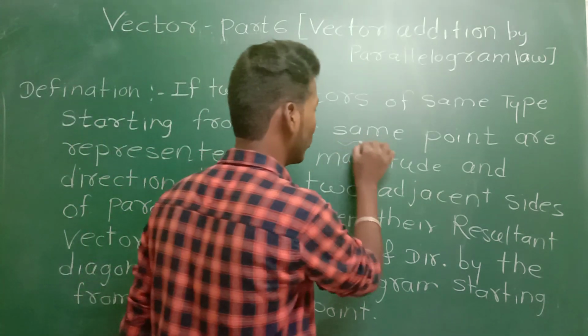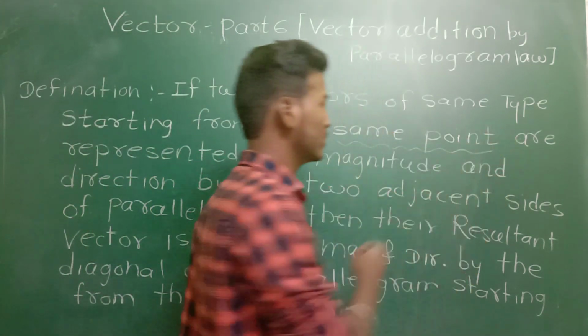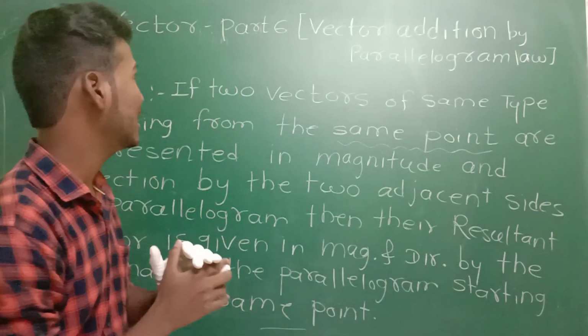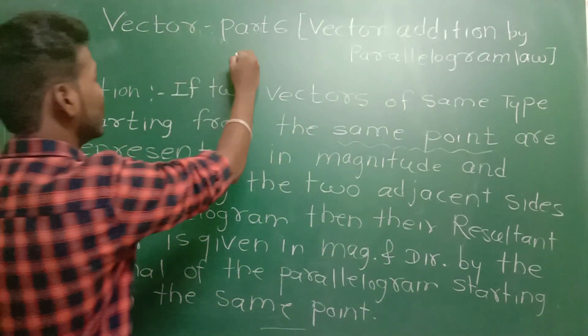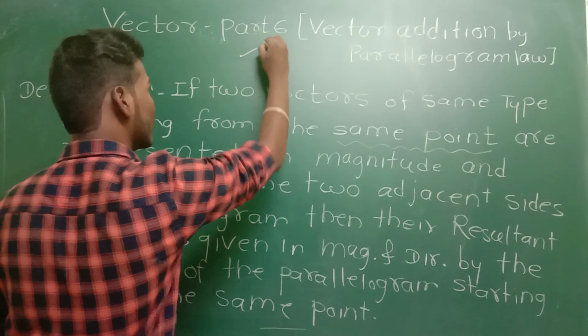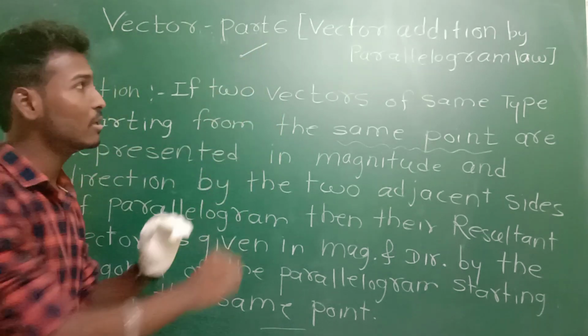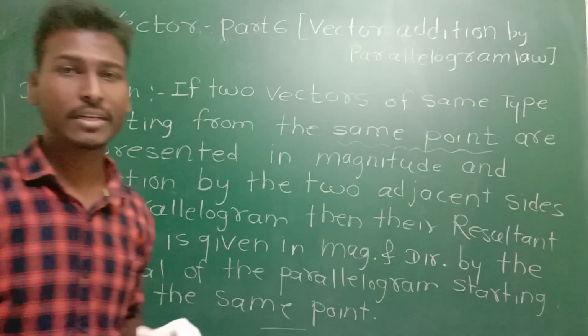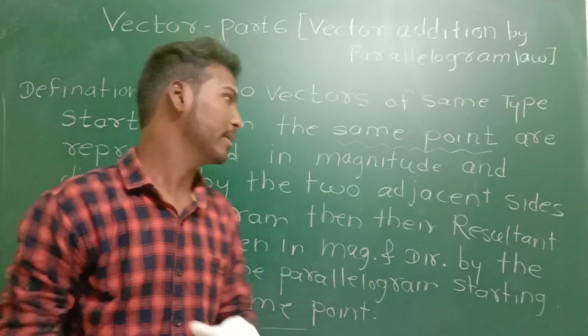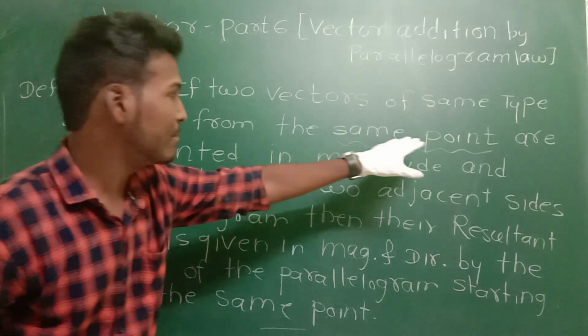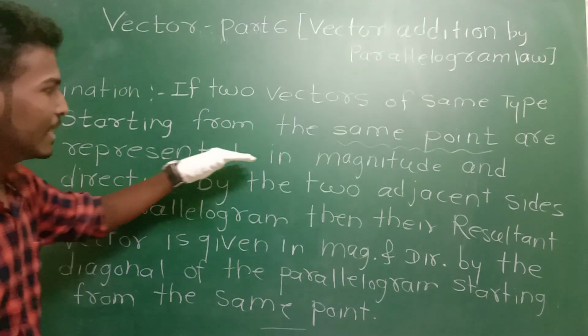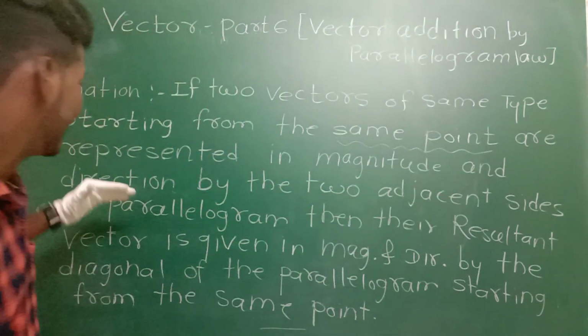This is a very important thing. They should start from the same point. That means if the first vector starts from this point, then the second vector should start from this point. Both vectors should start from the same point, and are represented in magnitude and direction.